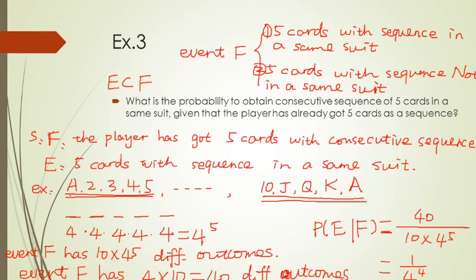For example, you can have this sequence A, 2, 3, 4, 5, all of them in spade, all in diamond, all in club, all in heart. So if you decide this sequence A, 2, 3, 4, 5, you can have 4 different outcomes, right? 4 different suits. And then how many sequences can you have?